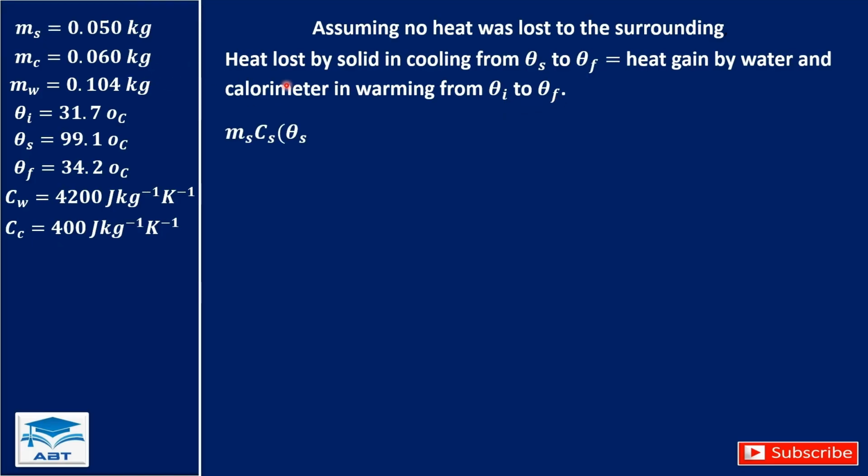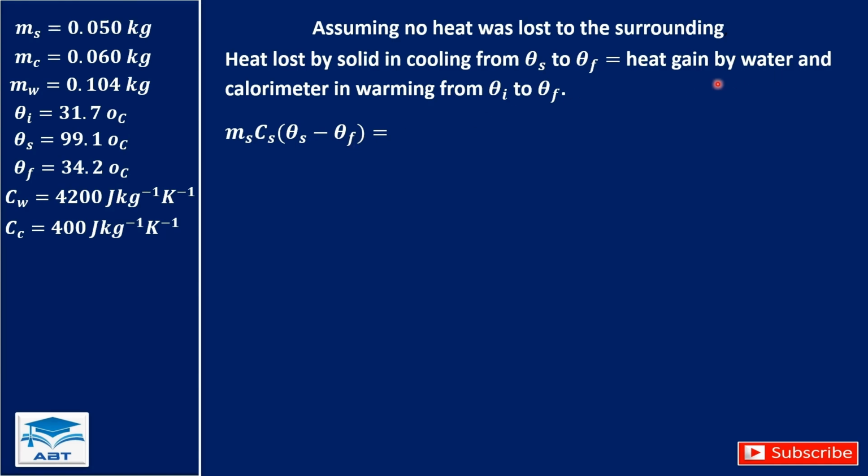And the heat lost by the solid in cooling from the temperature of the solid to the final steady temperature is given by the mass of the solid, specific heat capacity of the solid, and the temperature difference between the temperature of the solid and the final temperature.